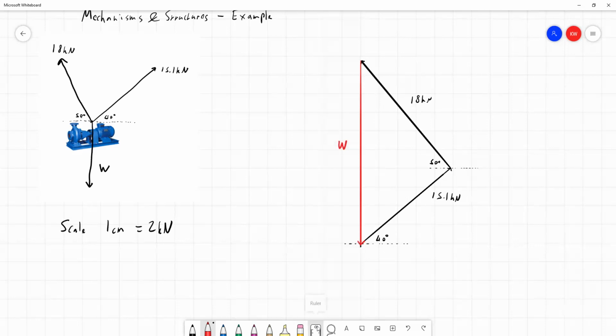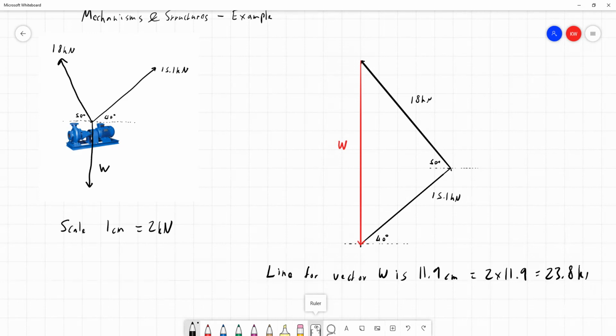You can obviously be a lot more precise. And so you could write something simple as: line for vector W is 11.9 centimeters. That's equal to 2 times 11.9, which is 23.8 kilonewtons. So that'd be your answer.